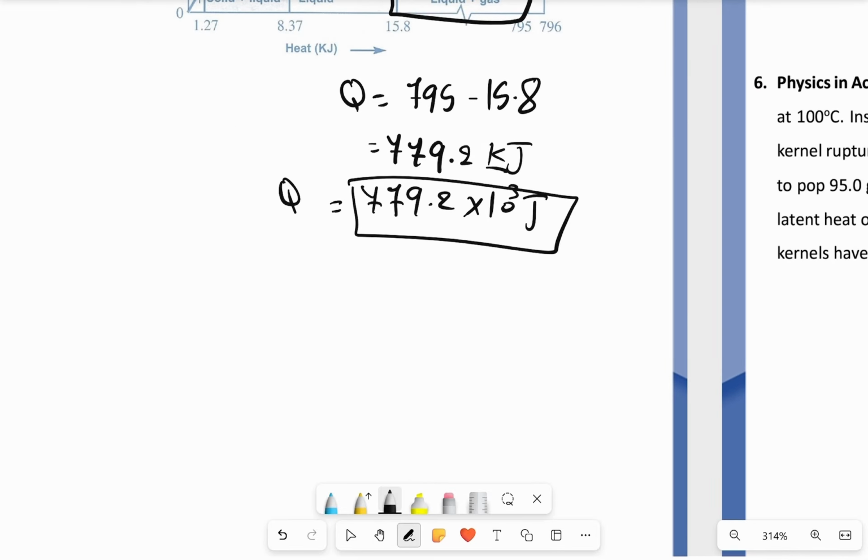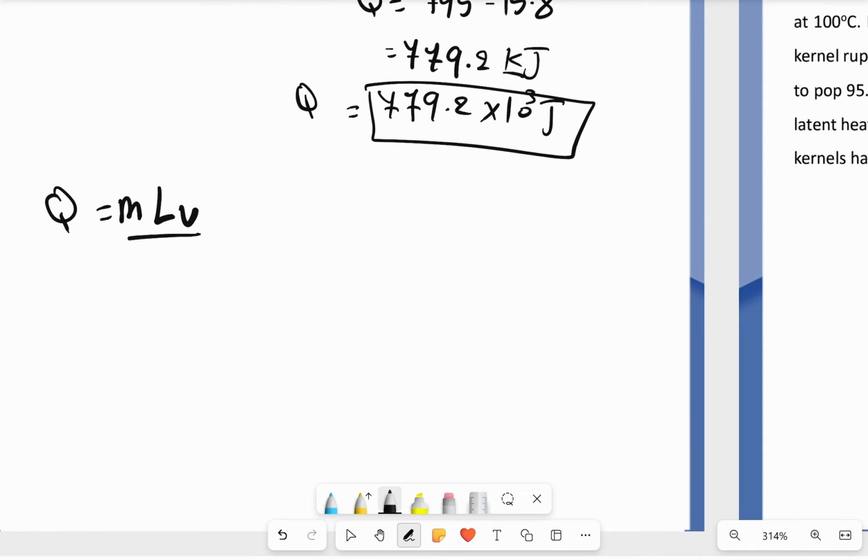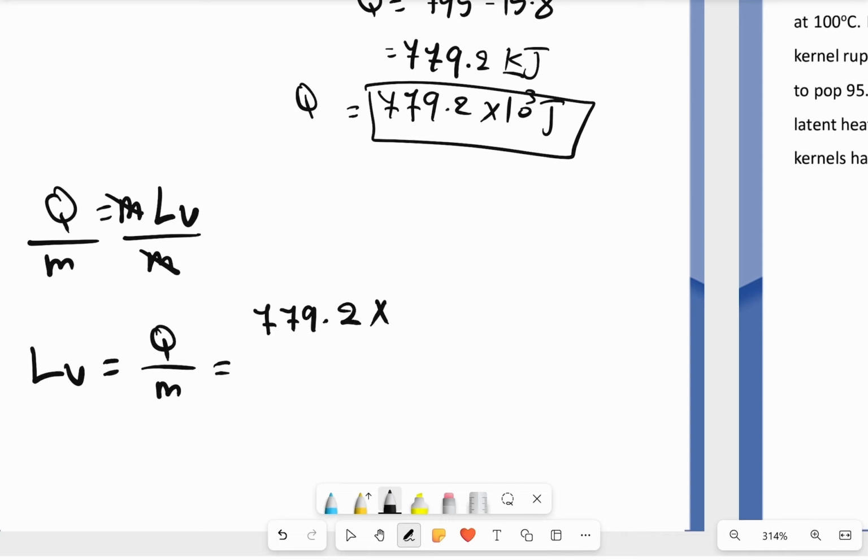Now, for latent heat of vaporization, Q is equal to mass times latent heat of vaporization. To find it, divide both sides by mass, and the mass cancels. Latent heat of vaporization is equal to Q divided by mass. Q is 779.2 times 10 to the power of 3 joule divided by 15 times 10 to the power of minus 3 kilogram.